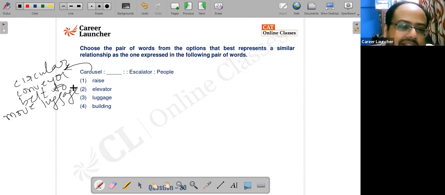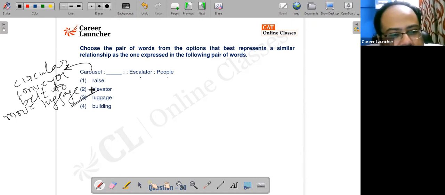If you have been to an airport, when you get down from a plane and go to collect your baggage, there is a circular conveyor belt that carries luggage, and that is known as a carousel. So a carousel is used to carry luggage. Similarly, an escalator is used to carry people. So the answer is option 3.